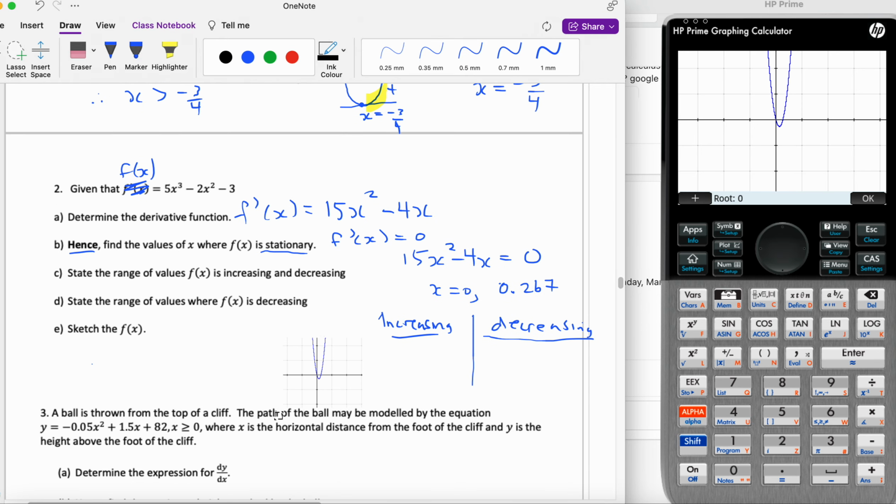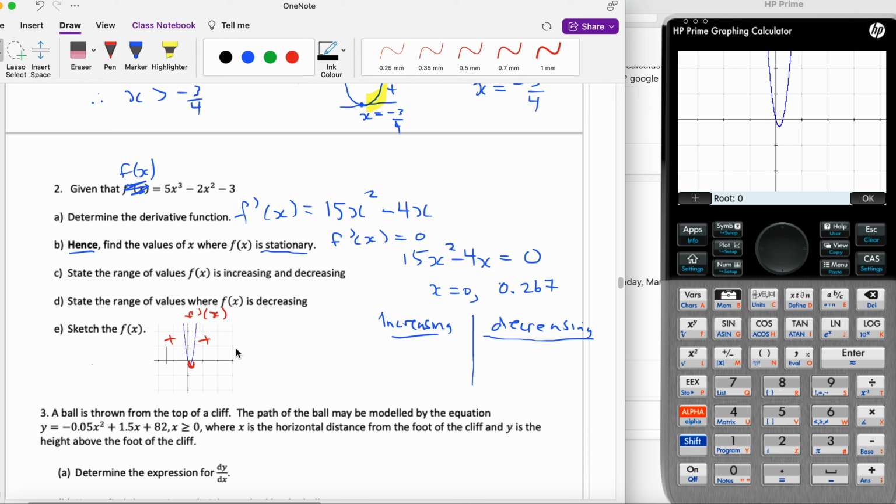How is this helpful? Since these are all our derivatives, we can just see when it dips below the x-axis, then these are all going to be negatives. And when it's above the x-axis, all of these are positive slopes, so it's increasing and decreasing.